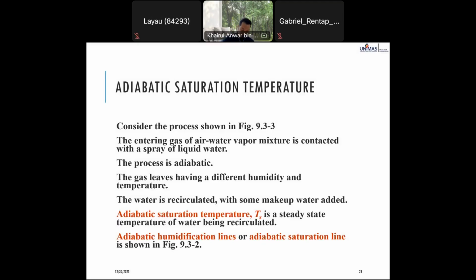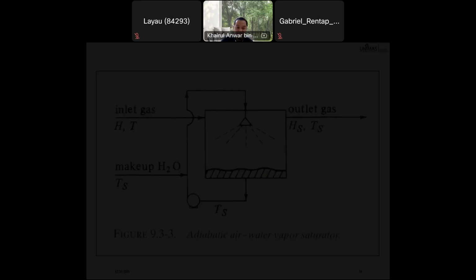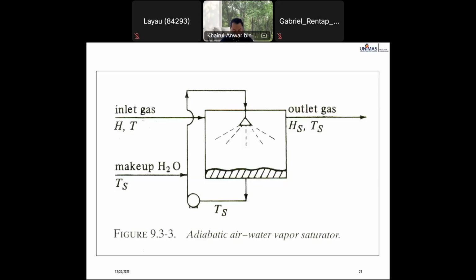Now, this adiabatic saturation temperature. Consider the process shown in figure 9.3-3. This one. So, the entering gas of an air water vapor mixture is contacted with spray of liquid water. So this is the spray of liquid water.